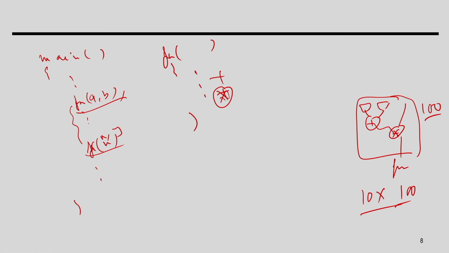In that case, the scheduler might schedule these two function calls in the same time step, say time step x, and then I cannot share one copy.